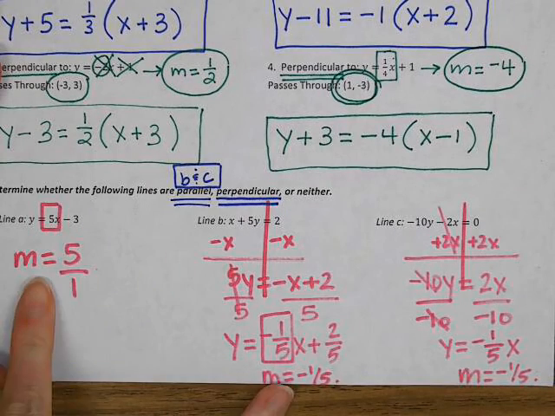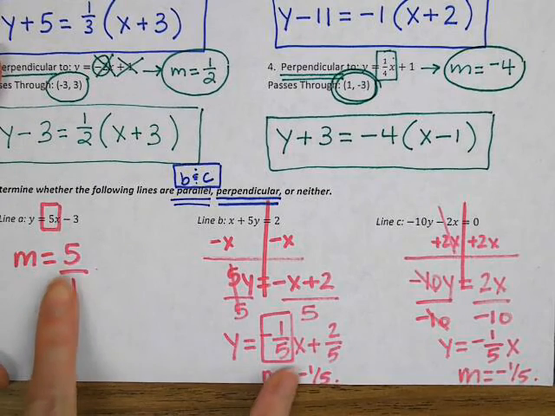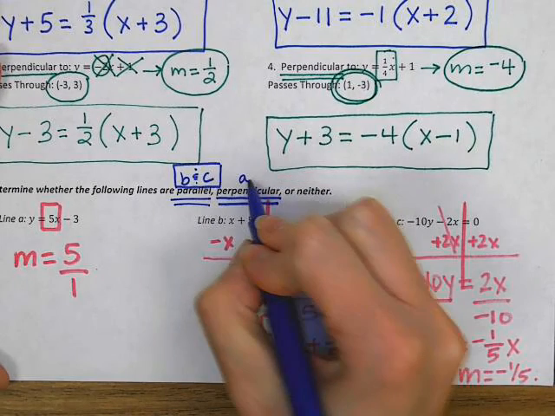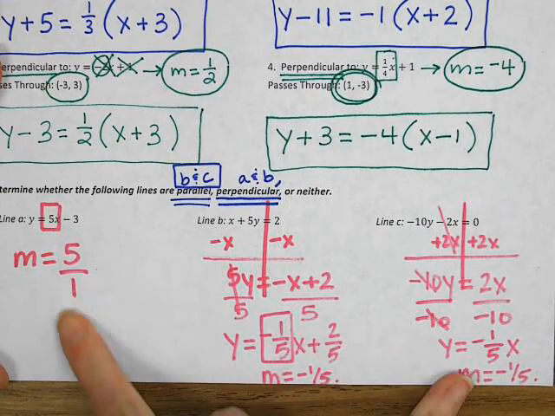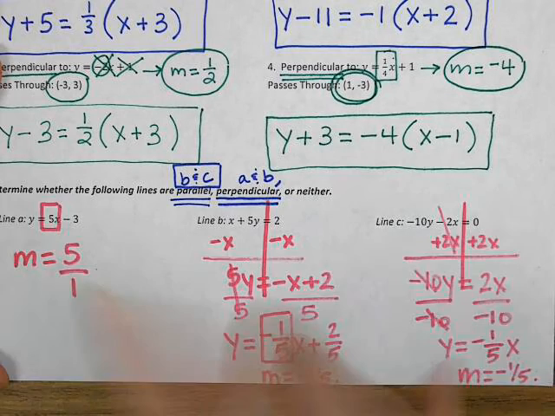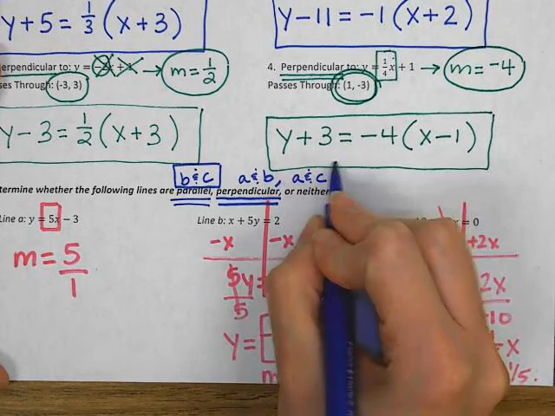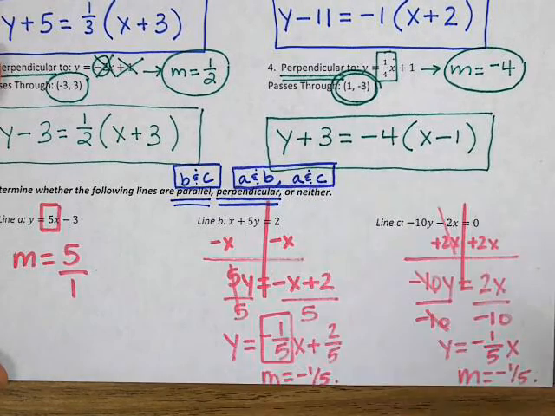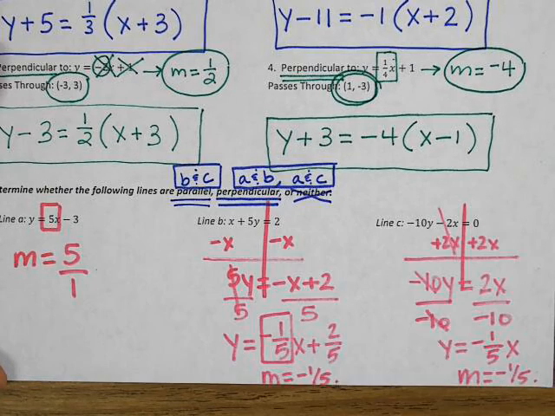So 5 and -1/5, those are opposite reciprocals. So A and B are perpendicular, but so are A and C, 5 and -1/5. So we have two sets of perpendicular, A and B and A and C. And then we've covered everything, so none of them are neither in this case.